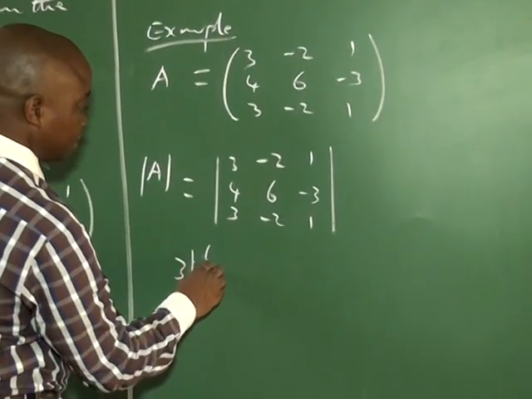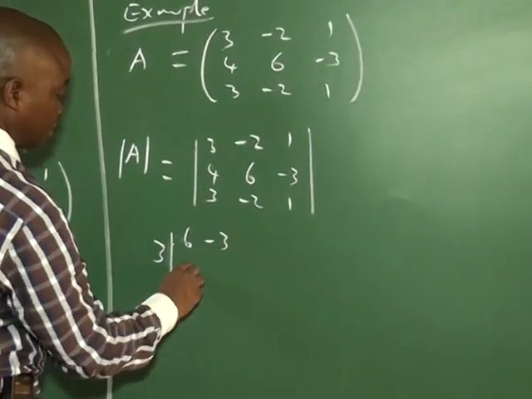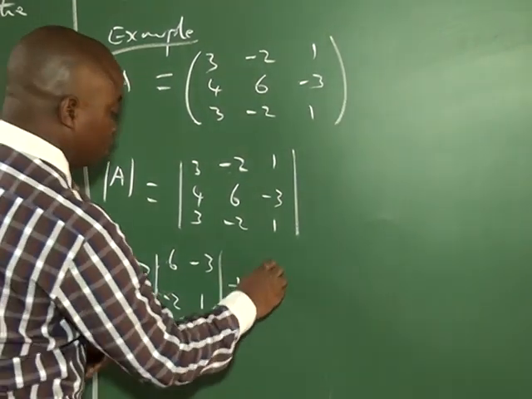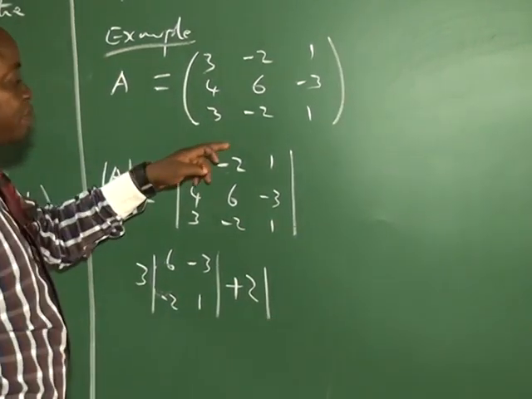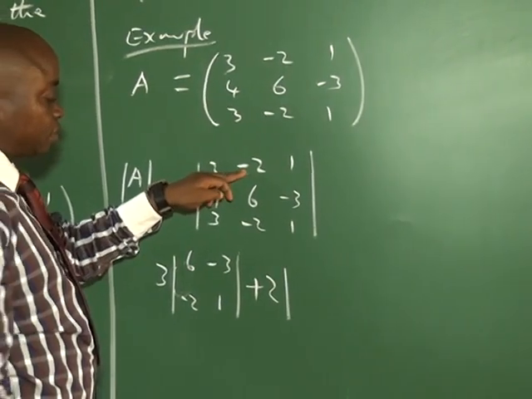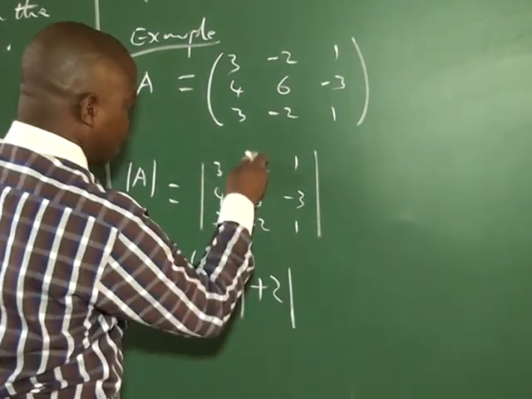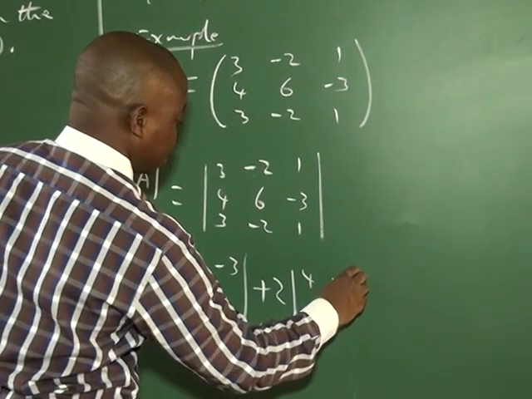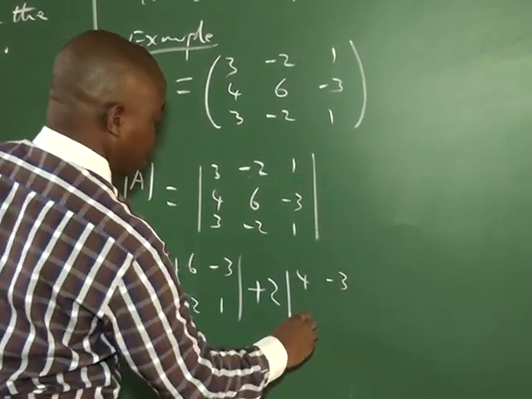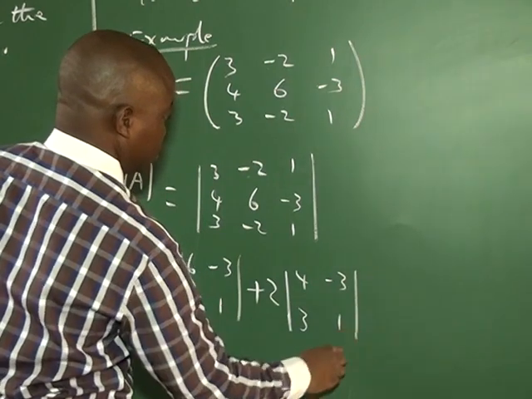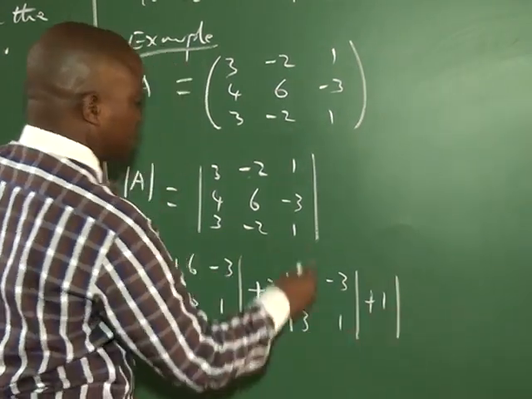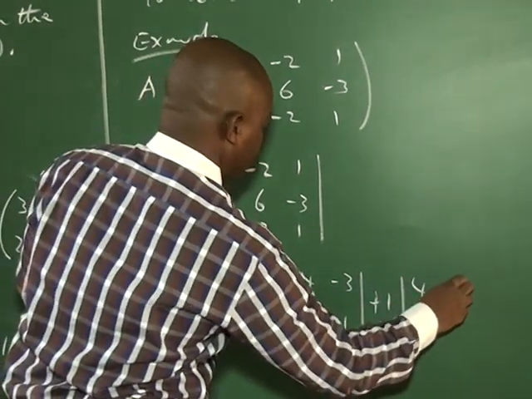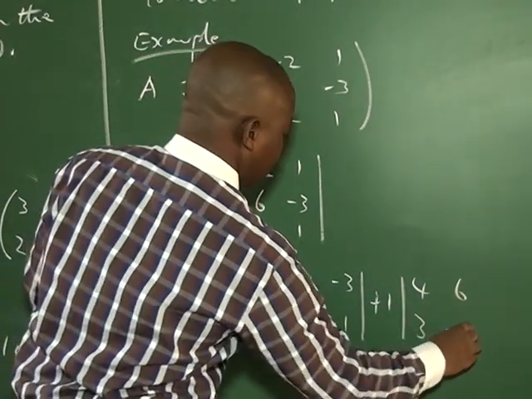We have 6 minus 3, minus 2, 1 plus 2. Why is it plus? Because here is supposed to be minus, but because of this minus 2, so plus 2, we ignore here and here. Then we have 4 minus 3, 3, 1 plus 1. If we ignore here and here, we have 4, 6, 3, minus 2.